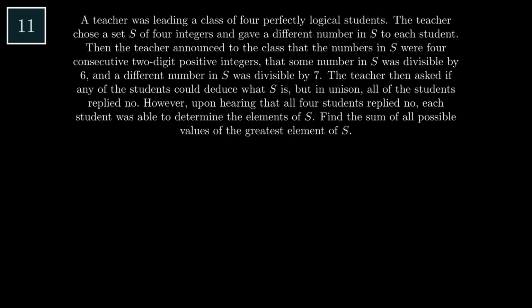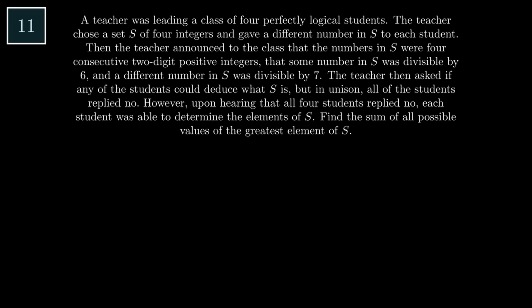The teacher then asked if any of the students could deduce what S is, but in unison, all of the students replied no. However, upon hearing that all 4 students replied no, each and every student was able to determine the elements of S. We want to find the sum of all possible values of the greatest element of S.